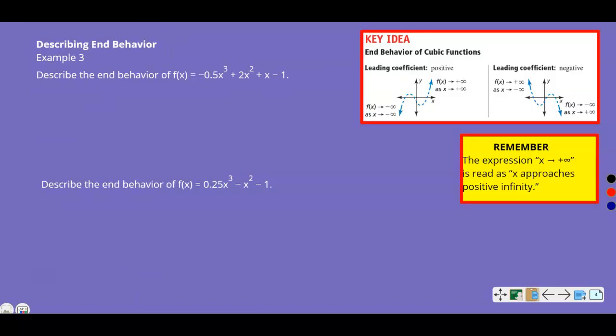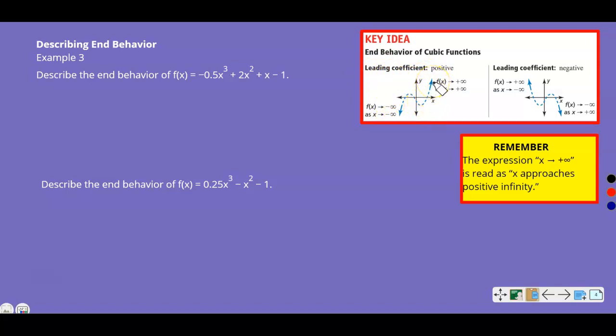Example 3, describing end behavior. All right, so for a cubic function, you can see here the key idea. If your leading coefficient is positive, for a cubic function, it's always going to have this general shape, going down to the left and going up to the right.